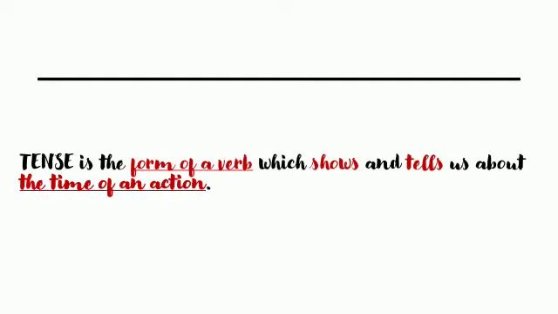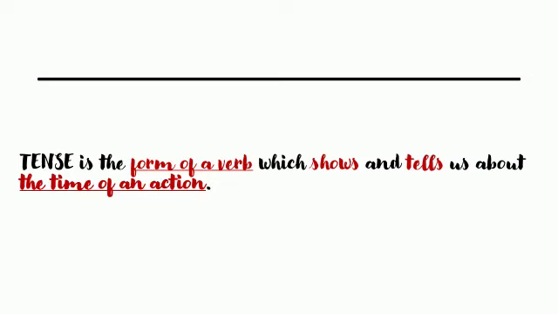What is a tense? Tense is the form of a verb which shows and tells us about the time of an action. I told you when we were explaining about subject and predicate, I told you what is a verb. Now a verb is an action word.